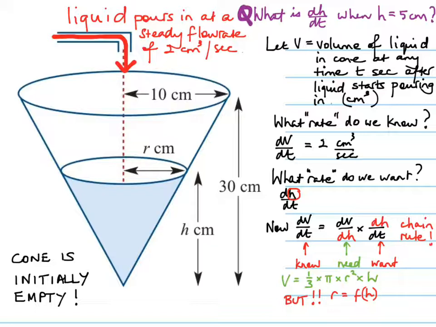You can express r in terms of h. So therefore, that r is actually a little bit of h in disguise. That's what I'm saying. So we have to sort that out. We have to get the relationship between r and h and then use that to express r in terms of h in that expression one line above where we are now.